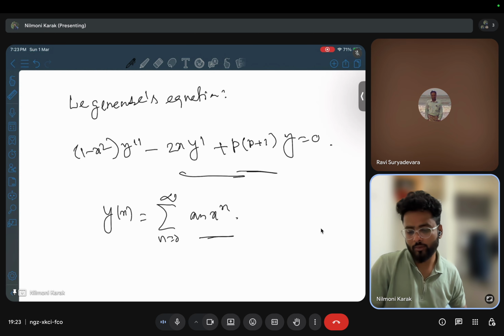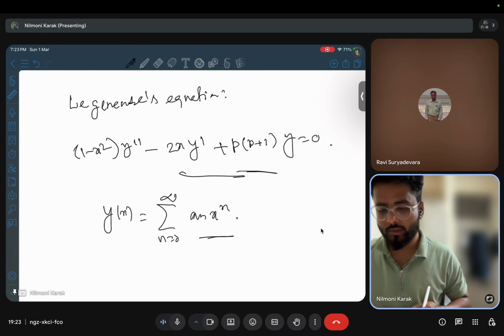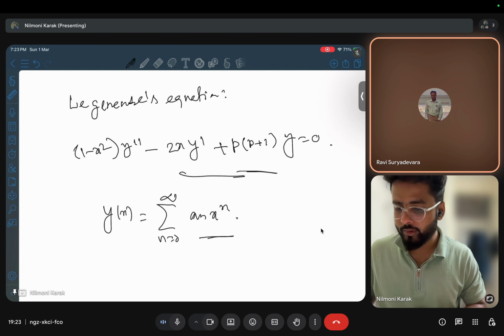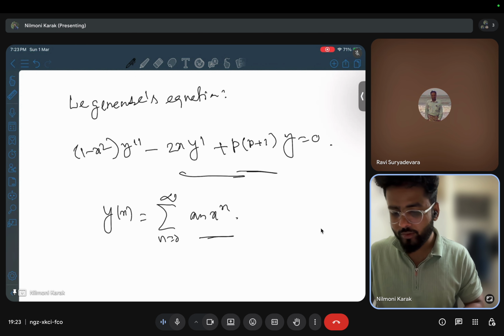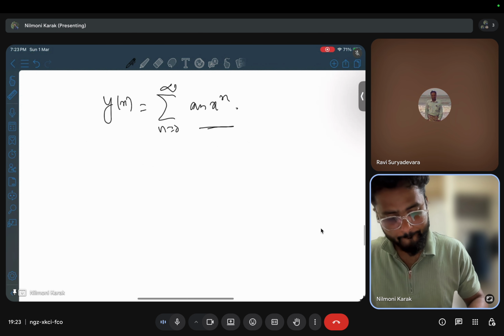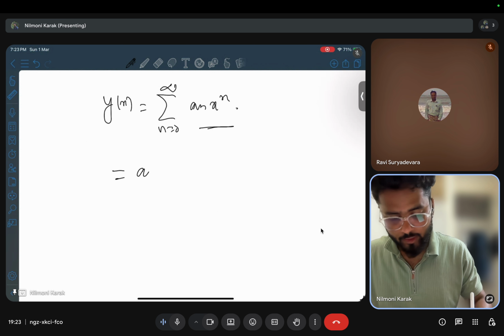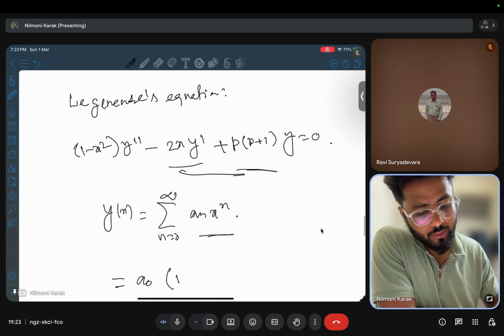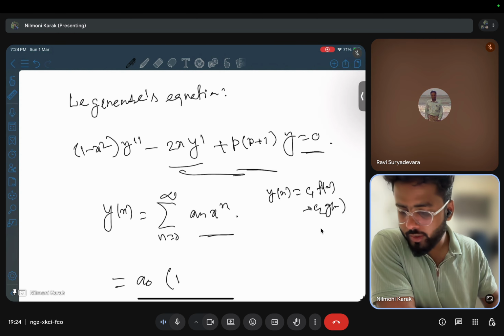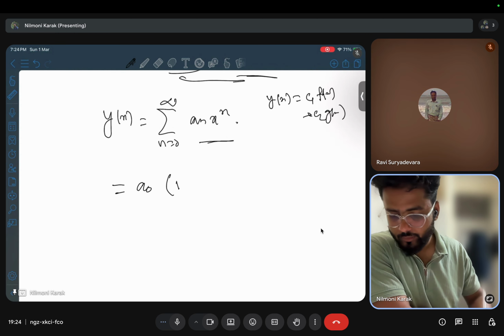Using the power series method, you can find the solution. Since this is a differential equation, it will have a homogeneous solution C1 f x plus C2 g x.